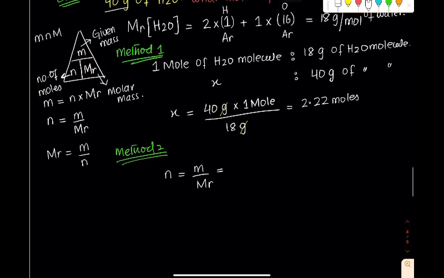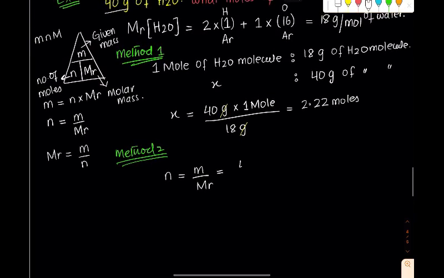So given mass is 40 grams, and the molar mass, which is the MR, is equal to 18 grams per mole. That is the basic unit of the molar mass.